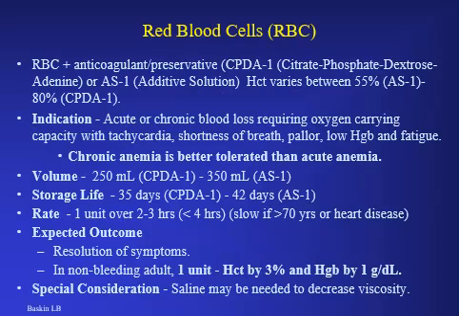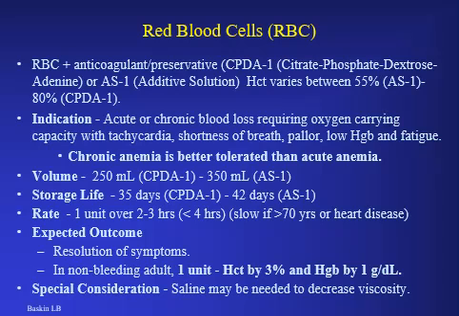Now, a unit of red cells has the same number of red cells as the whole blood unit, but it is devoid of most of the plasma. It has a varying hematocrit, and it can be used for both acute or chronic anemia that requires really only the oxygen carrying capacity with its associated symptoms.